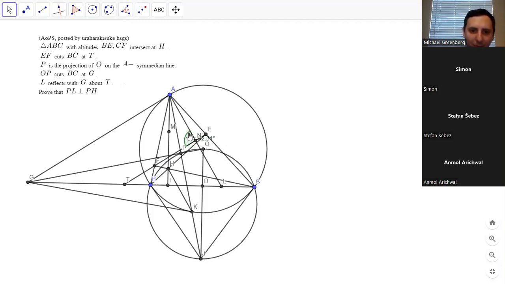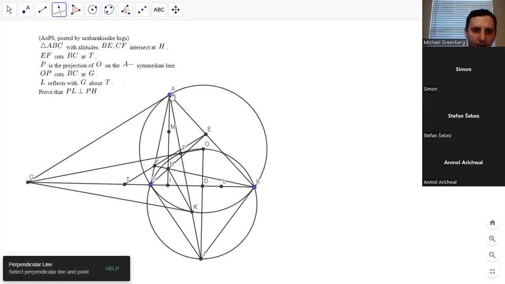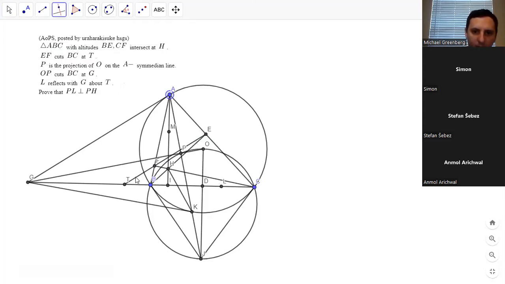It's 92.3 degrees, almost. Yeah, not quite. But I think AO is perpendicular to ET, I'm pretty sure.